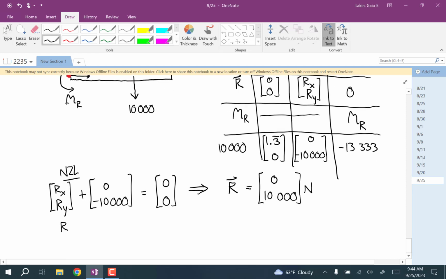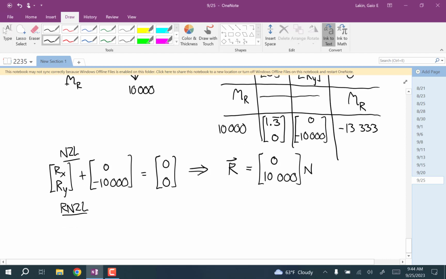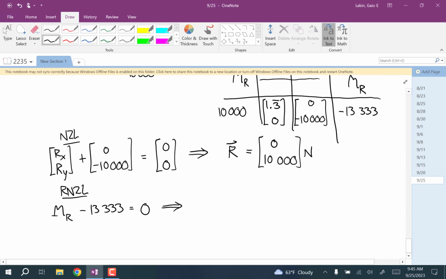And then the moment equation says MR minus 13,333 is equal to 0. So MR is equal to positive 13,333. And what are the units for this? Newton meters. It's a moment.